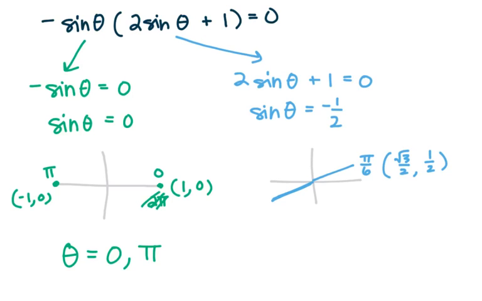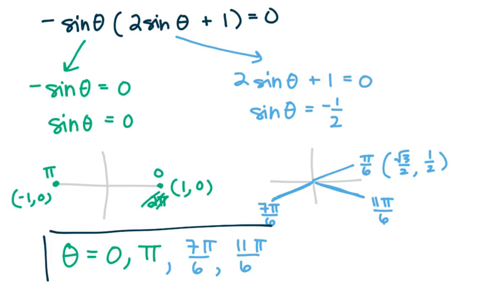So I'm going to go down to quadrant 3. That would be 7 pi over 6. And quadrant 4, 11 pi over 6. So I have 7 pi over 6 and 11 pi over 6. And now these 4 values all represent my solutions.